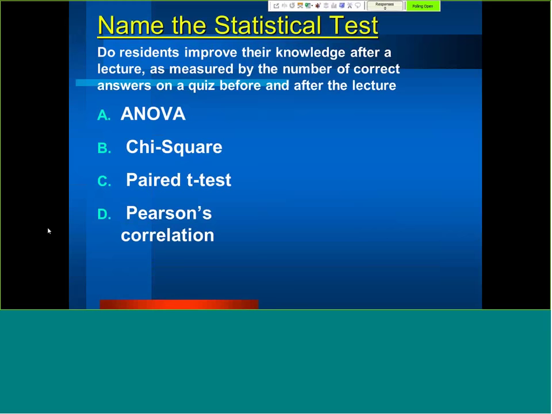Would I use analysis of variance, chi-square, a paired t-test, or Pearson's correlation? I'm going to look at whether they improve their knowledge, number of correct answers before and after the lecture. So whoever said paired t-test is correct, because I've got a pre-post test design. So that is correct, the paired t-test.